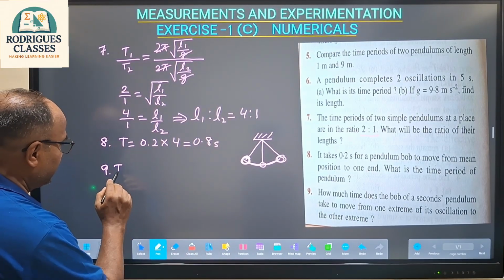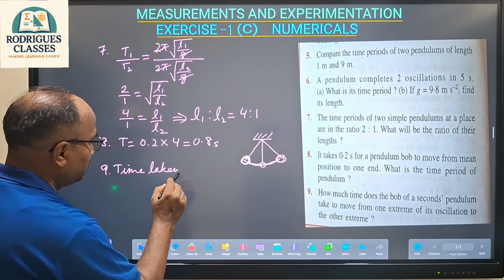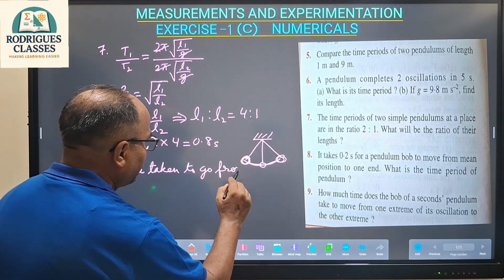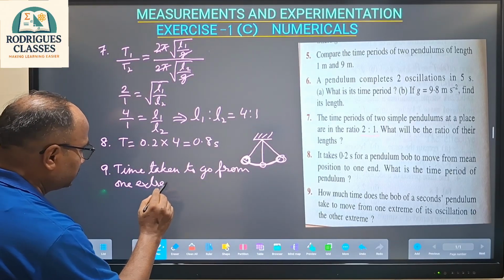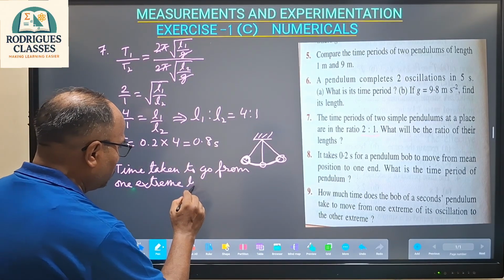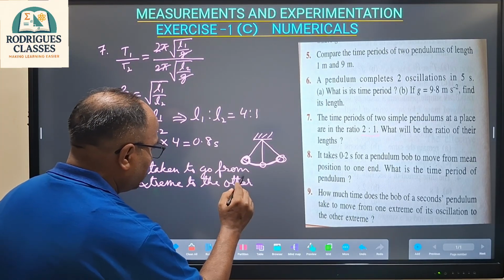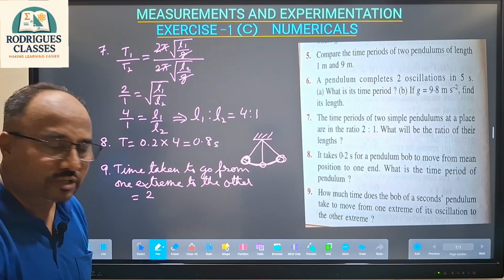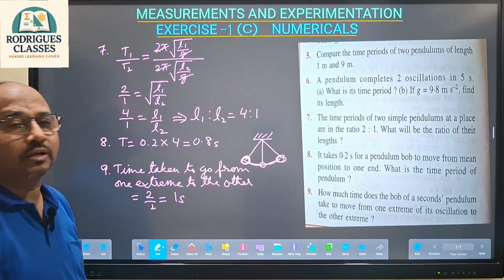So I will write time taken to go from one extreme to the other equals to, second's pendulum has a time period of 2 seconds. So that divided by 2, so it will take 1 second.